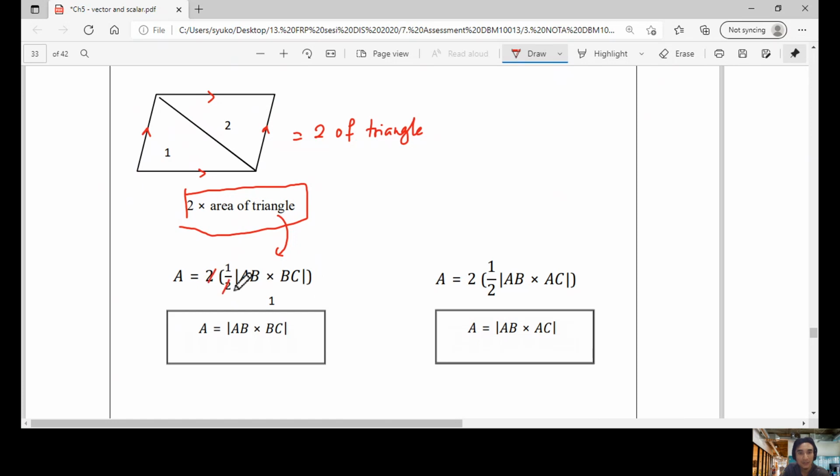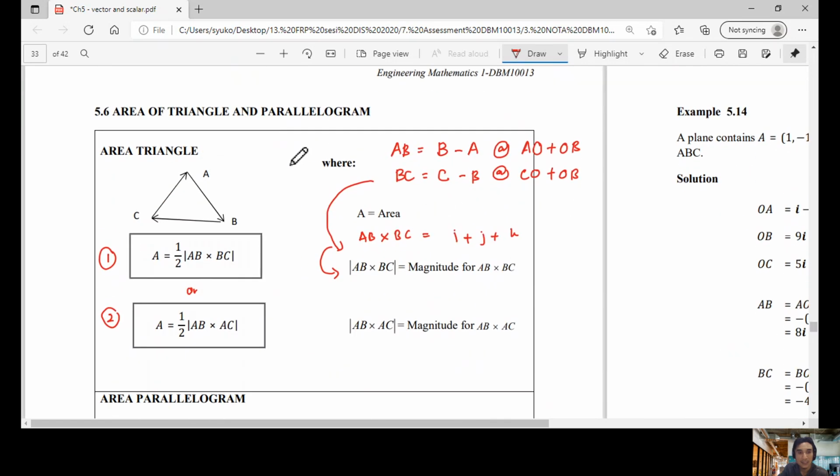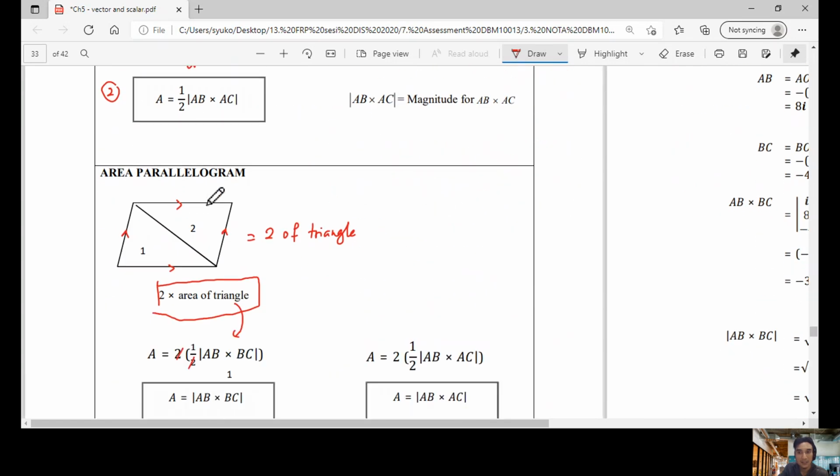So this one 2 dengan 2 we can cancel each other, so that we will get the formula of the area of parallelogram is A equals to modulus AB times BC. Or if we use the second formula, which is AB times AC, so that the formula will be AB cross product with AC modulus for the area of parallelogram. So that kita boleh bezakan di antara dua bentuk area bagi triangle dan juga bagi parallelogram.